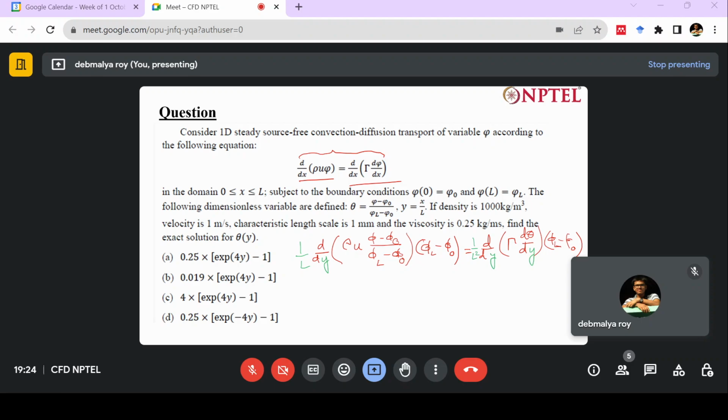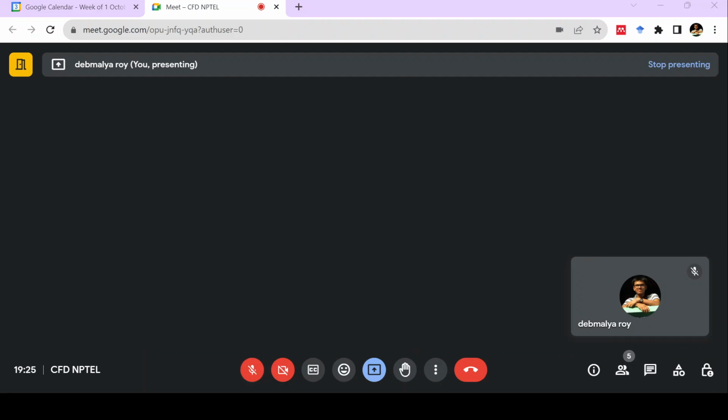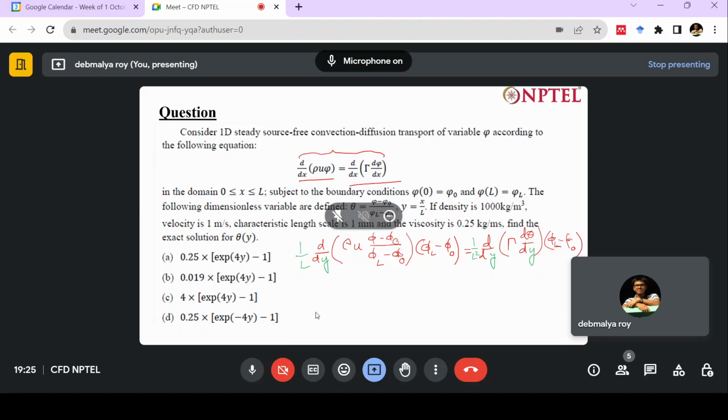Till now, we have come across several convection diffusion equations. So has anyone solved it?